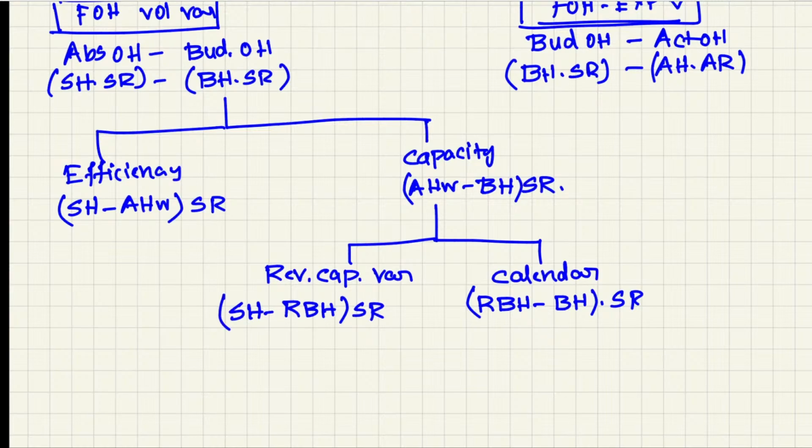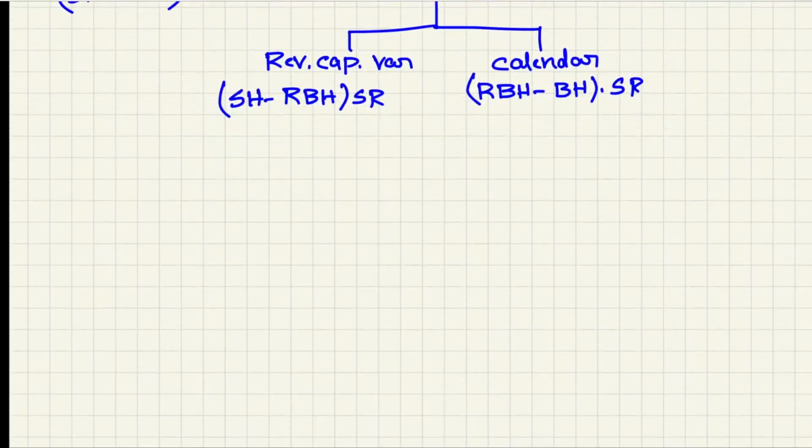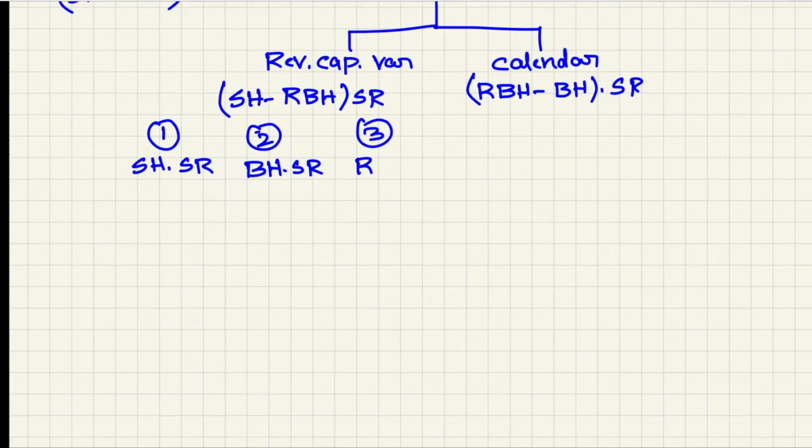Now in any of these problems, the suggested approach is you make a factor table. First one is SHSR, second one is BHSR, third one is RBHSR, fourth one is AHSR, and fifth one is AHAR.